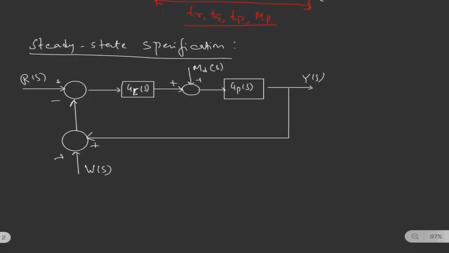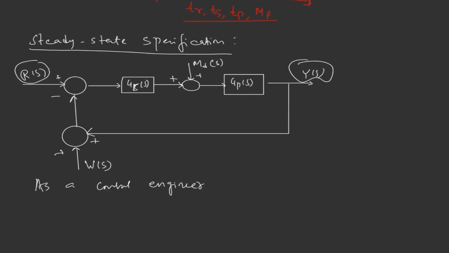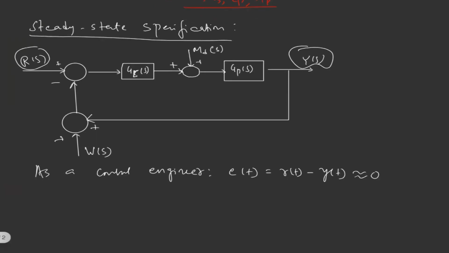As a control engineer, we always want Y of S to track R of S. So the objective is that E of t, equal to R of t minus Y of t, should go to 0.